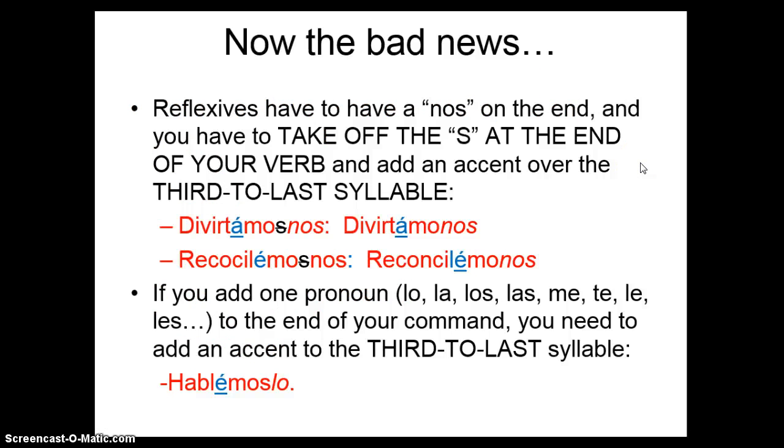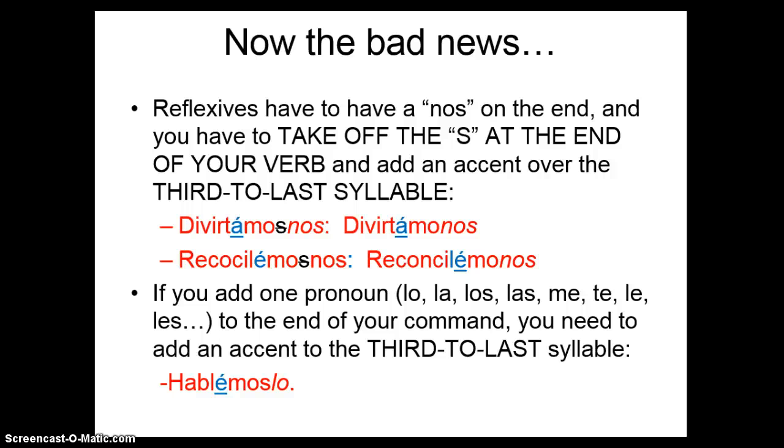Now the bad news. Reflexives have to have a nos on the end, and you have to take off the s at the end of your verb and add an accent over the third to last syllable. That's when we make an affirmative reflexive verb command with nosotros. So, for example, with divertir or divertirse, in this case, a reflexive, it's going to be divirtámonos.